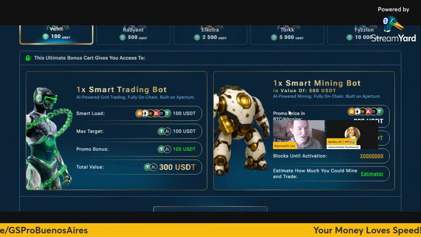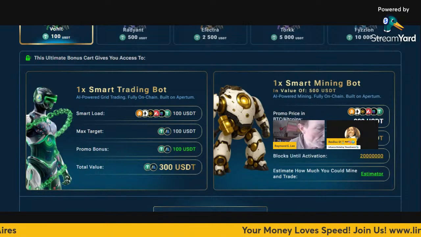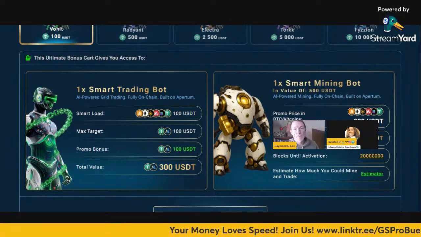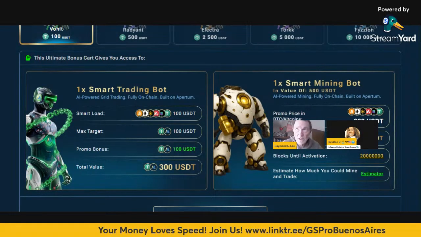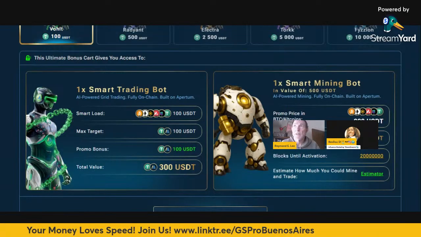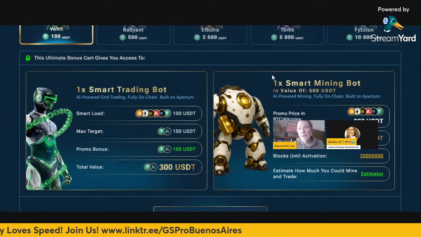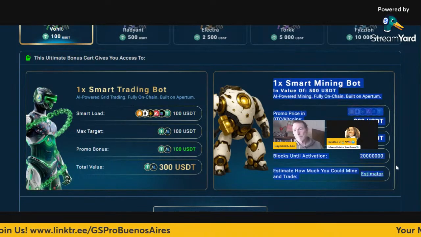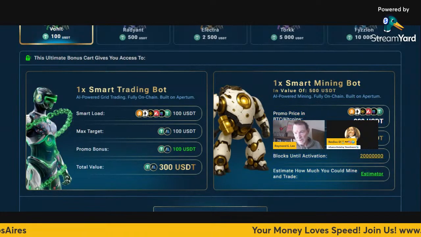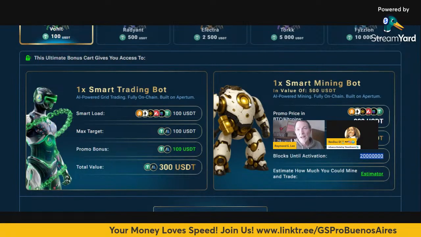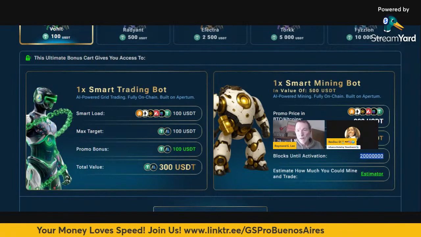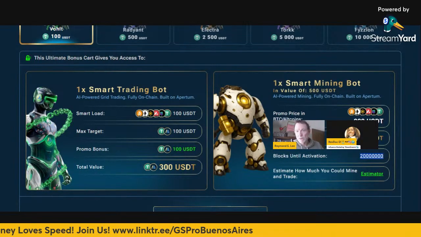The mining bots aren't available until the APTM coin reaches $6.25, so even if I purchased this one on the right, it does not start activating and mining APTM until after 20 million blocks.